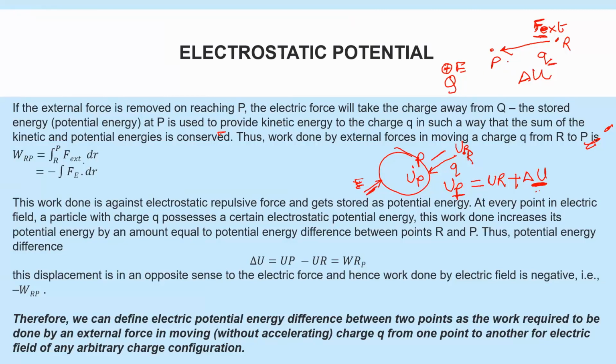This work is going to get stored in the charge Q as a potential energy, and the potential energy difference is the work done in moving the charge from R to P in the electric field. So that is the electric potential energy difference.